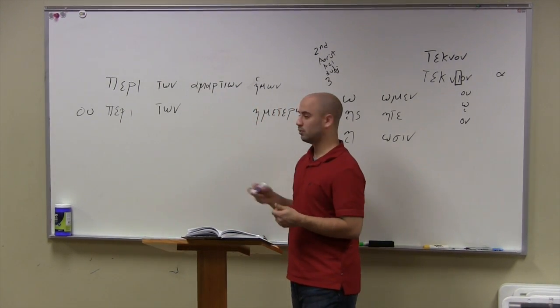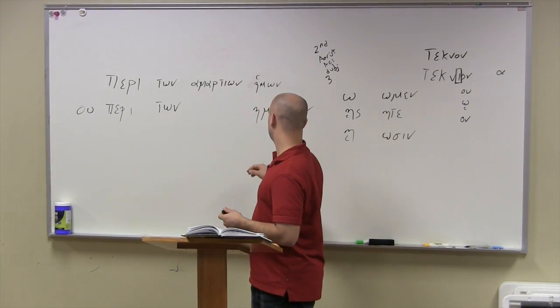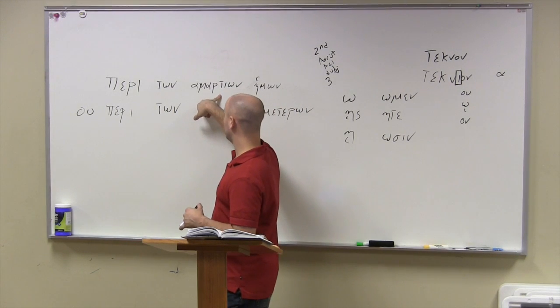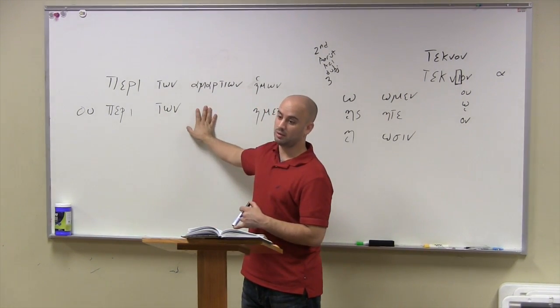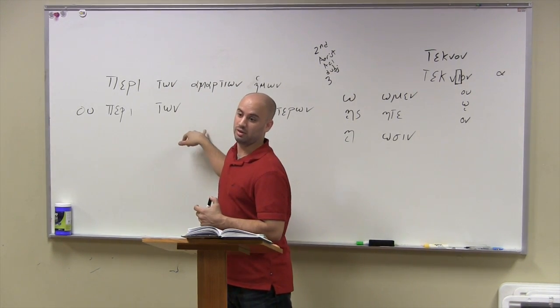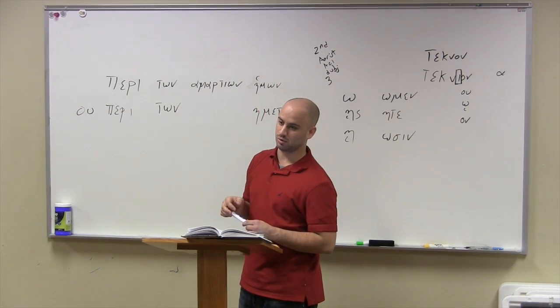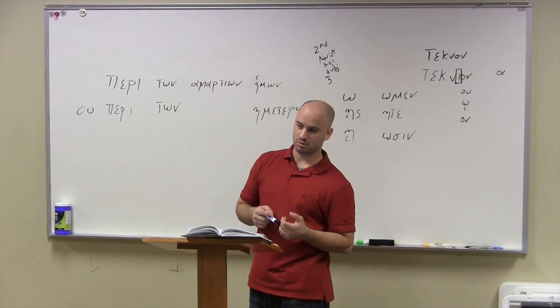So you see here what's happened. He's constructed the same sort of thing here and made you plug this in to that hole there. It's what we call an ellipsis, or we say that a word has been left out.